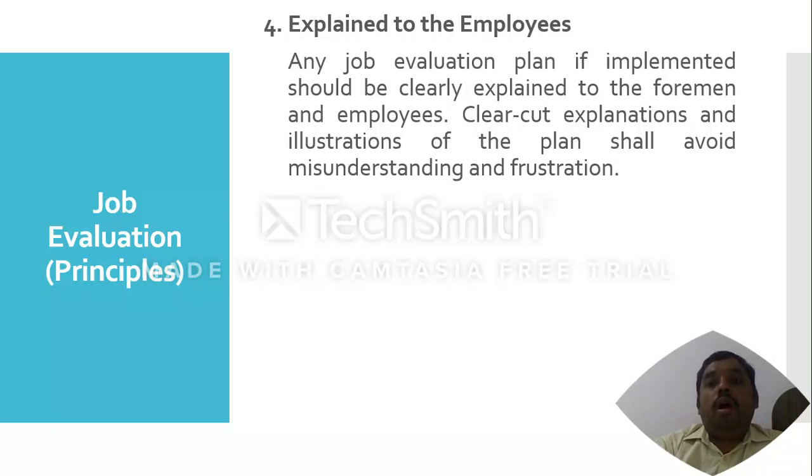Clear-cut explanation and illustrations of a plan will avoid misunderstanding and frustration. As I said, there should not be a misunderstanding. You should be clear about what exactly the job is all about and the nature of the task or assignments to be given.